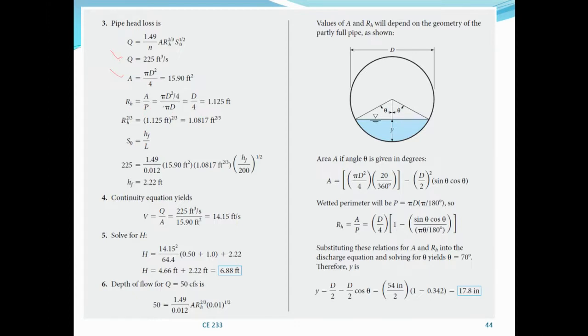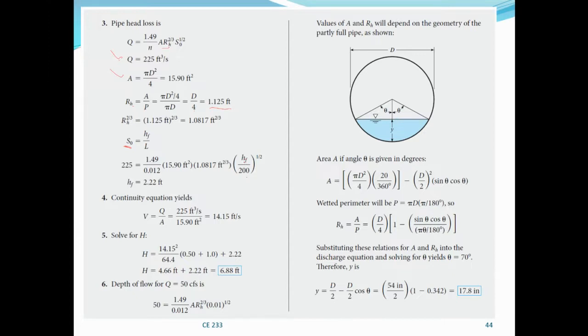To use the Manning formula, we use the hydraulic radius, which is area over wetted perimeter, which is simply D over 4. And then this is the bed slope, which is HF over L. We want to find HF. This is the length of the pipe.